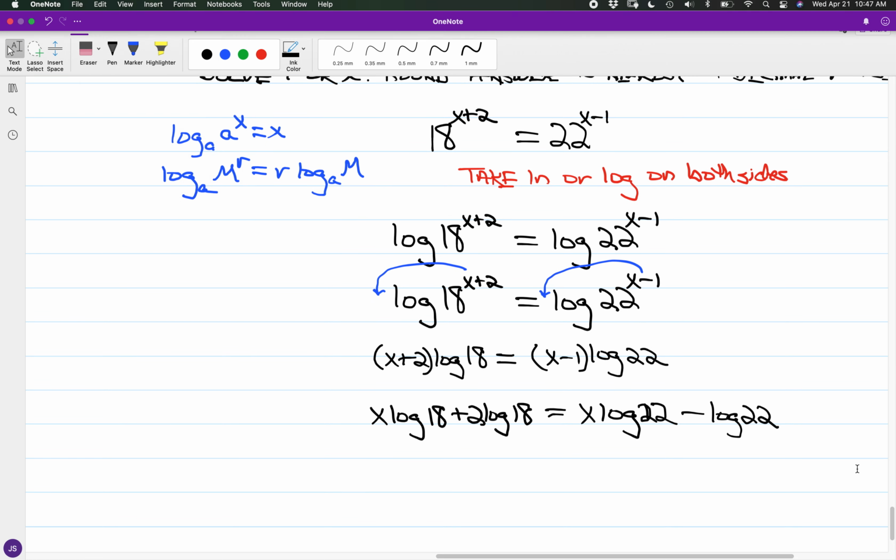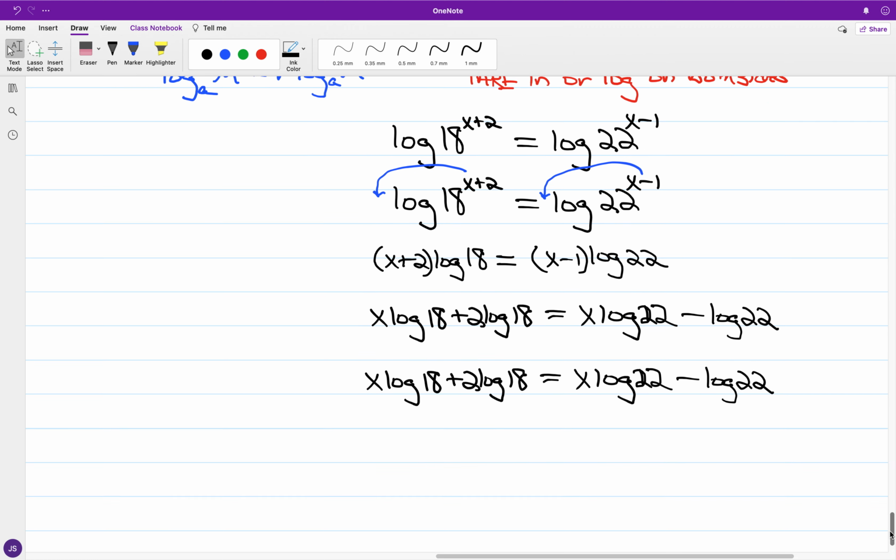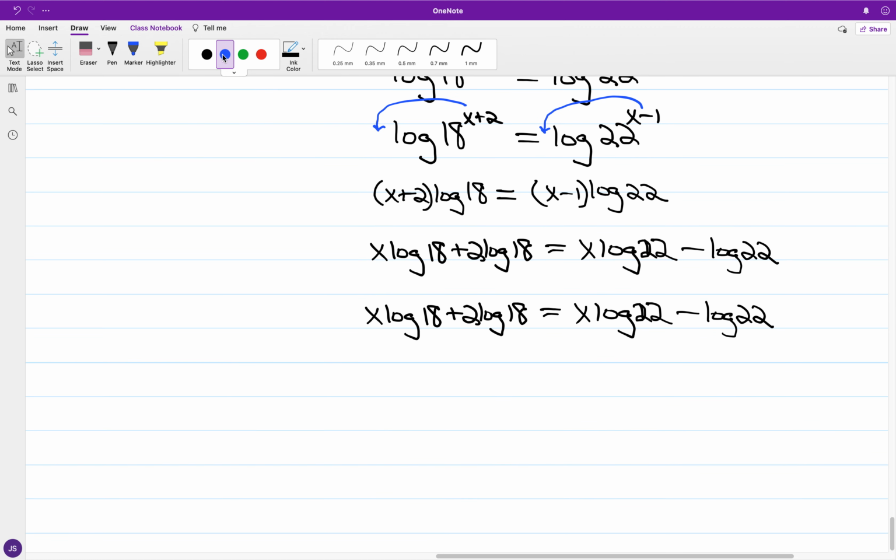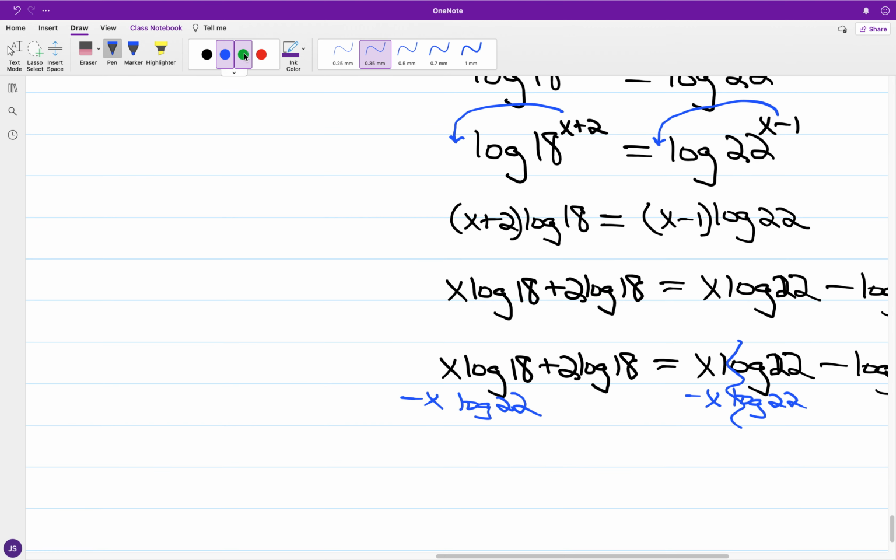Okay, notice we have a couple of x terms with logarithms attached, and I'm going to join these together. So I'll just take away x log 22, and I'm going to move 2 times the base 10 logarithm of 18 by subtracting.